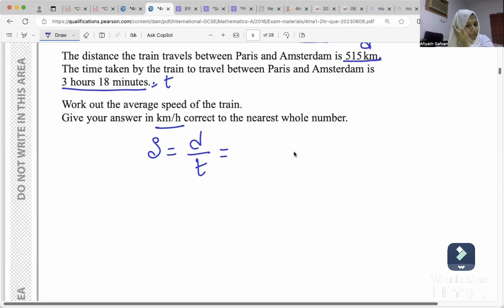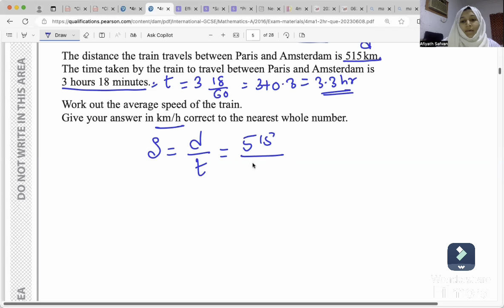First our job is to convert the time into hours, so 18 over 60, because anything we convert from minutes to hours, we have to divide by 60. That is 3 by 10, which is 0.3. So we get 3 plus 0.3, which is 3.3 hours. Therefore, 515 divided by 3.3 is going to be 156.06 kilometers per hour.